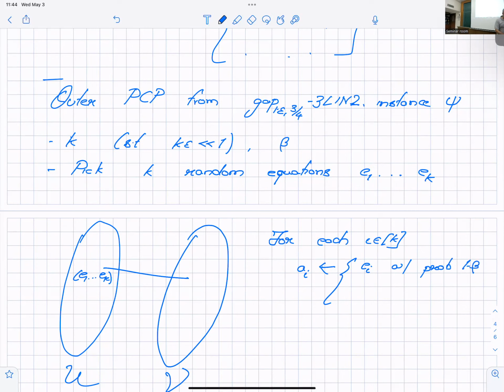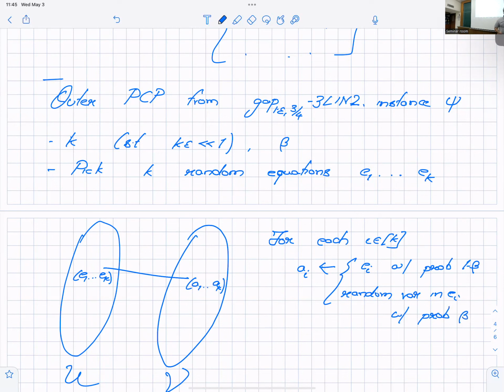This is going to be a tuple A1 to AK. And what is A1 to AK? With 1 minus beta probability, it's going to be the whole equation itself. Otherwise, it will be a random variable in E_i with probability beta.